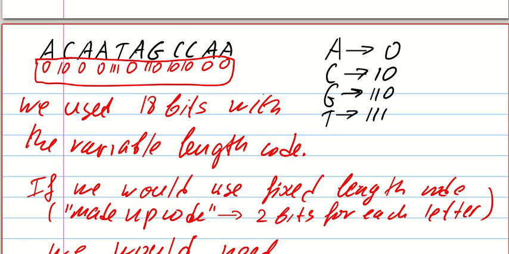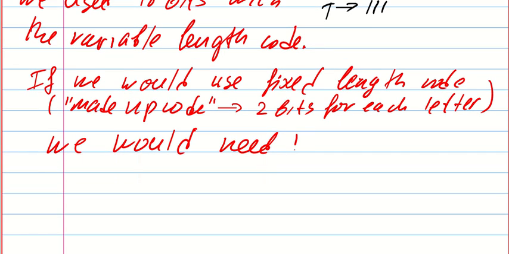But let's count. How many letters do we have? We have 1, 2, 3, 4, 5, 6, 7, 8, 9, 10, 11 letters. So we would need 11 times 2 bits for each letter, so we would need 22 bits.